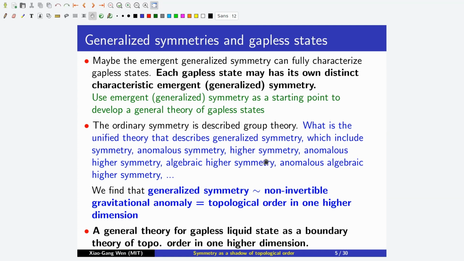And why can topological order in one higher dimension determine gapless states? That connection is actually about boundary relation. Basically, symmetry determines gapless dynamics, just like topological order determines the dynamics of the boundary. So these two relations may be similar. Therefore, developing a theory for topological order and its gapless boundary is like determining the relation between symmetry and gaplessness.